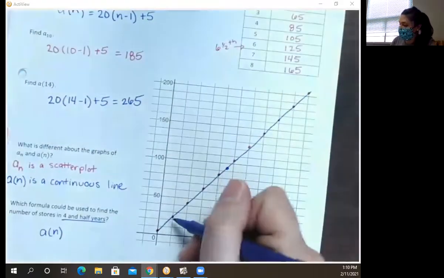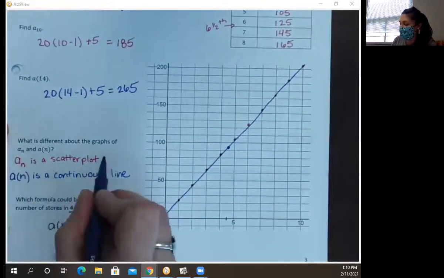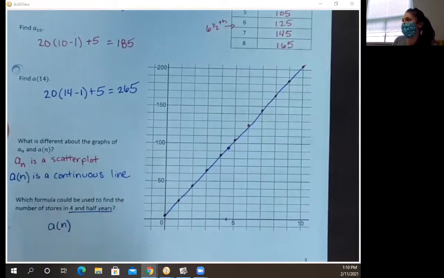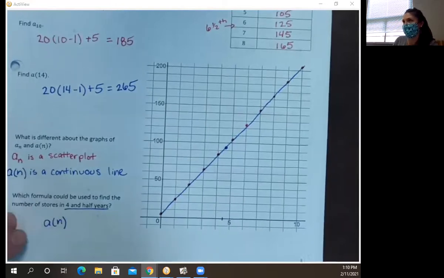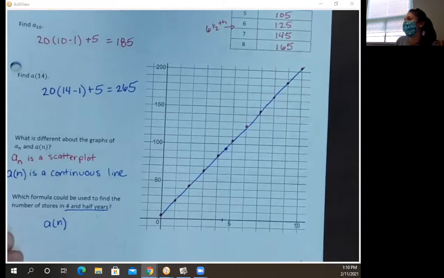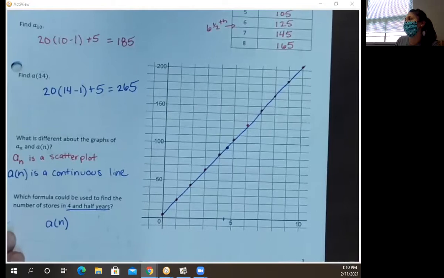So if I hop back to my last problem, my red points here were my sequence, and then my purple was my function. What did the function do that the sequence didn't? Sean, what was different about my function compared to my sequence on our last problem?